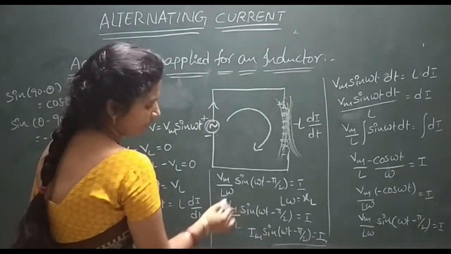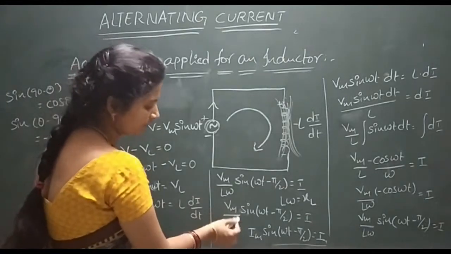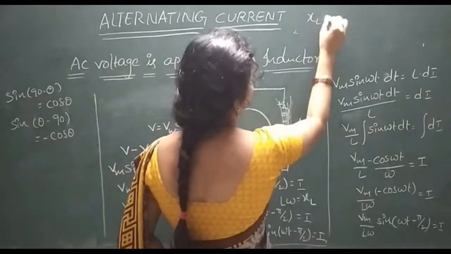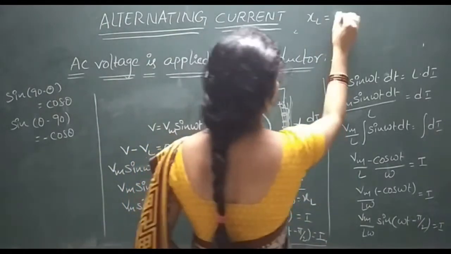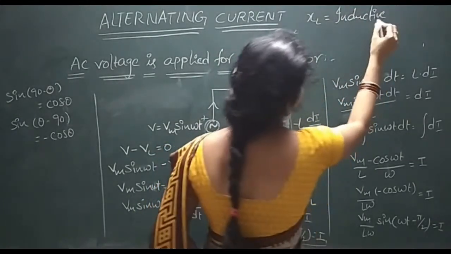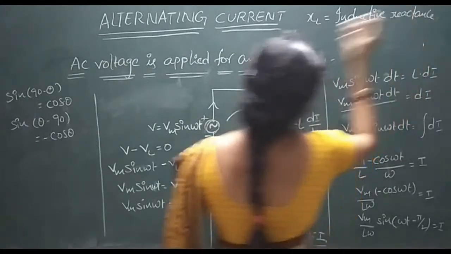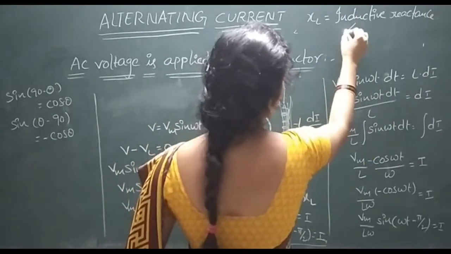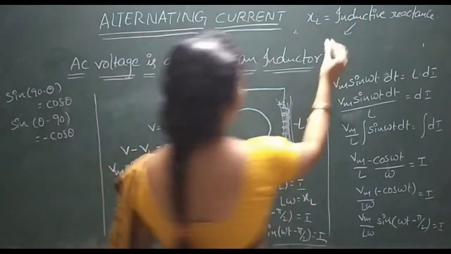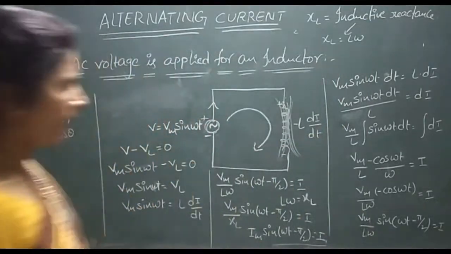Here Vm is nothing but the maximum voltage, and XL is the inductive reactance, a kind of resistance offered by the inductor. XL is equal to L omega.